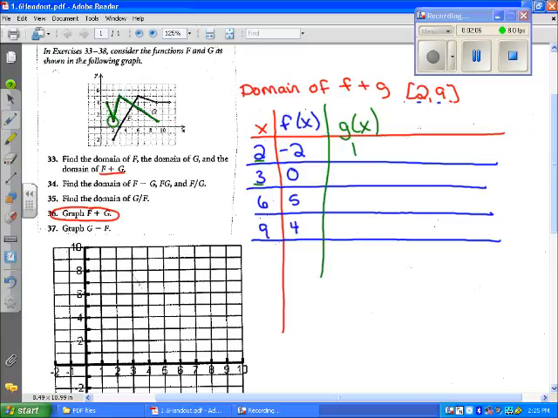If x is 3, g of x is 5. If x is 6, g of x is 3. And then finally, if x is 9, g of x is 1. Okay, whoops, kind of messed up there. Let me rewrite that there.